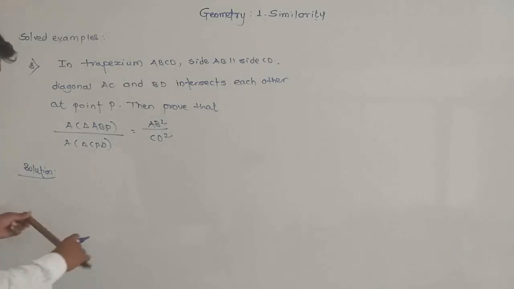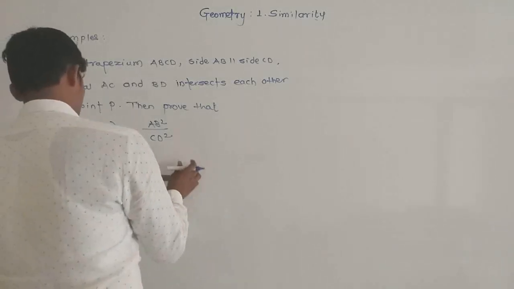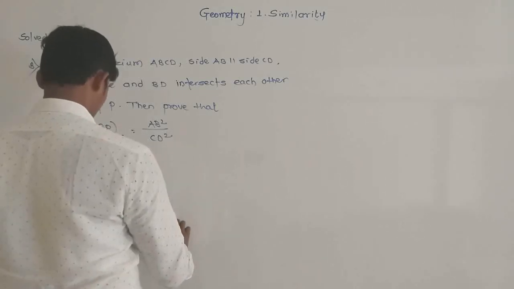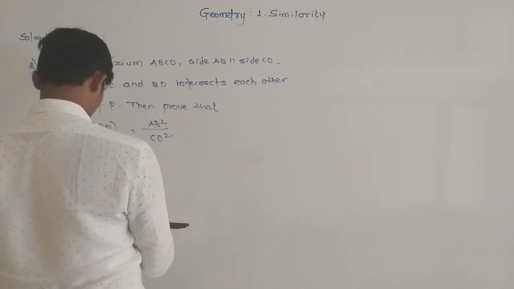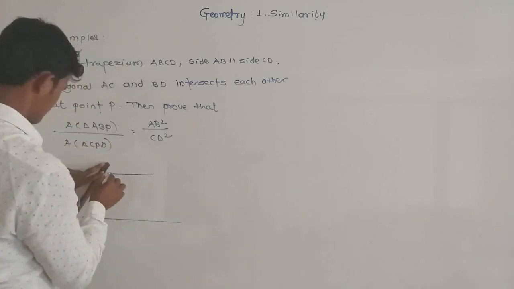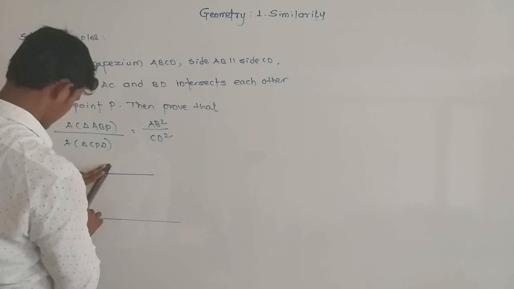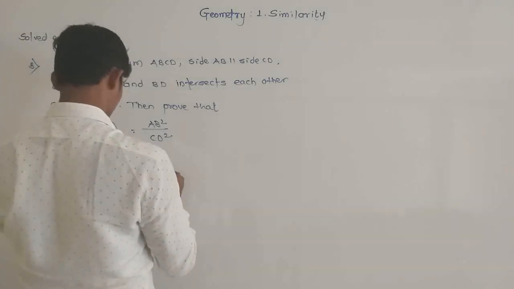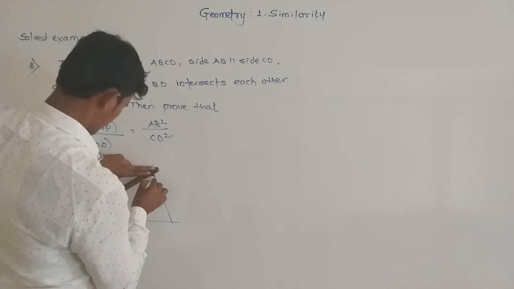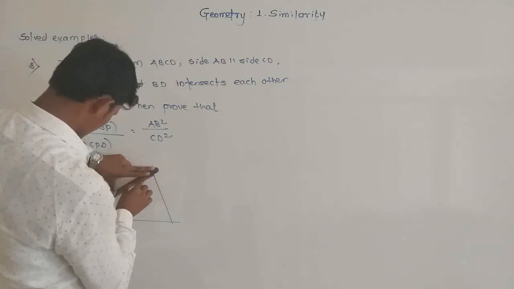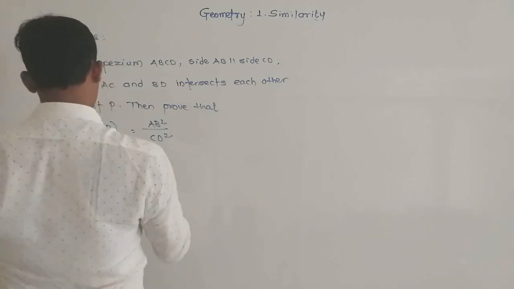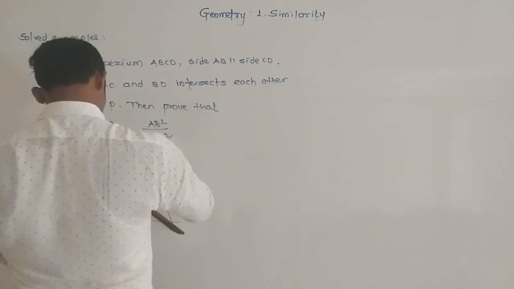So the figure is: a trapezium is nothing but a figure whose only one pair of opposite sides is parallel.